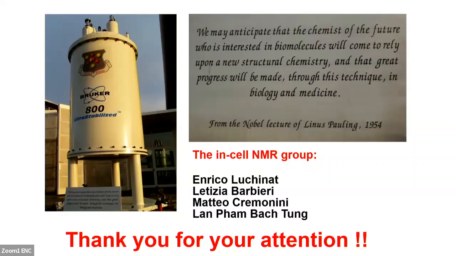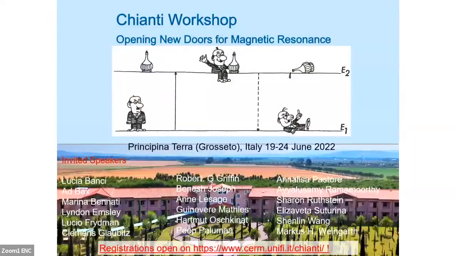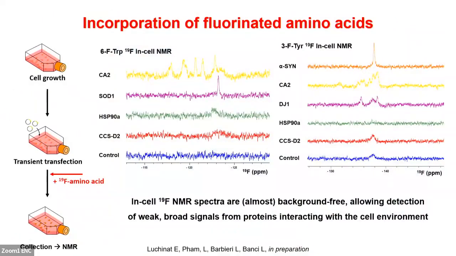The way we do selective labeling is that we grow the cells in rich medium, and as we have transfection, we change the growth medium. Here it is with fluorinated amino acid, but with a uniform label.